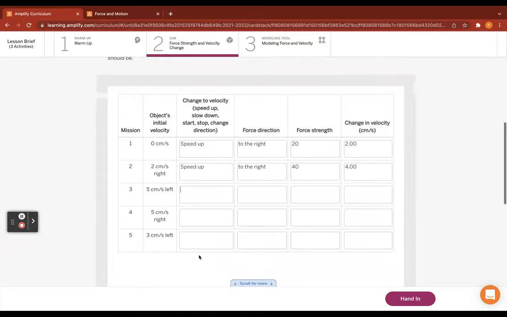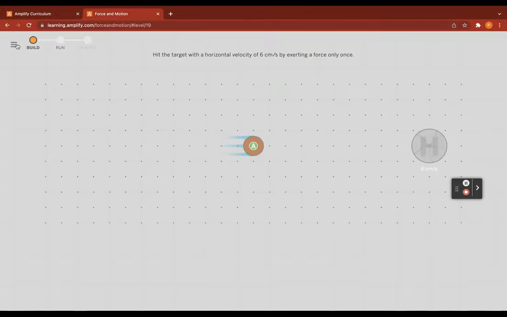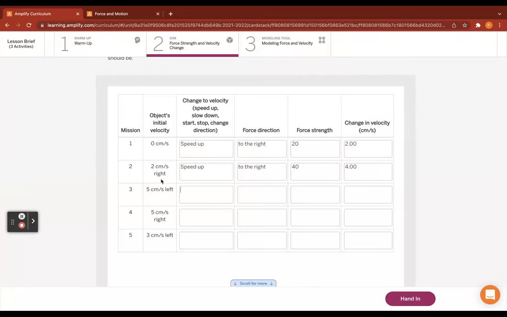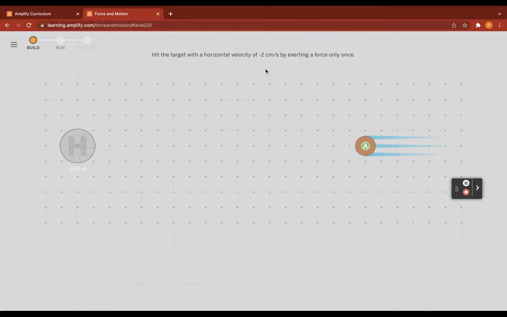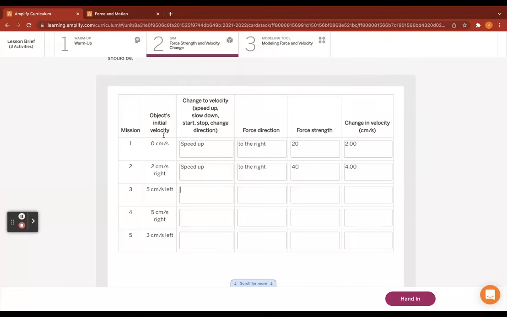Next, mission number 3. The initial or the starting velocity is 5 centimeters per second to the left. And I want it to end up at 2 centimeters to the left. Remember that minus sign means it's going to the left. It's at 5 right now. I want it to go to 2. I need this object to slow down.